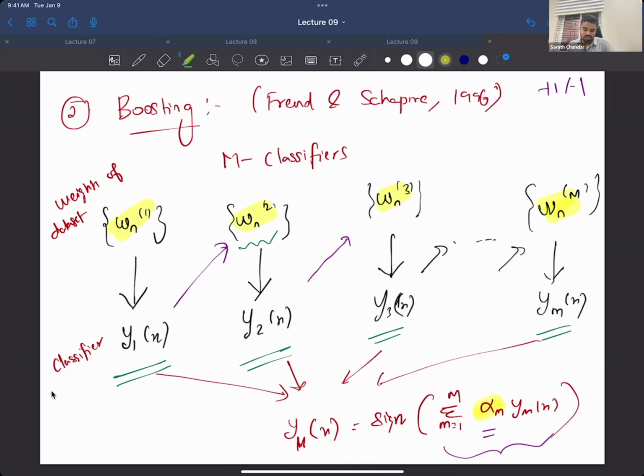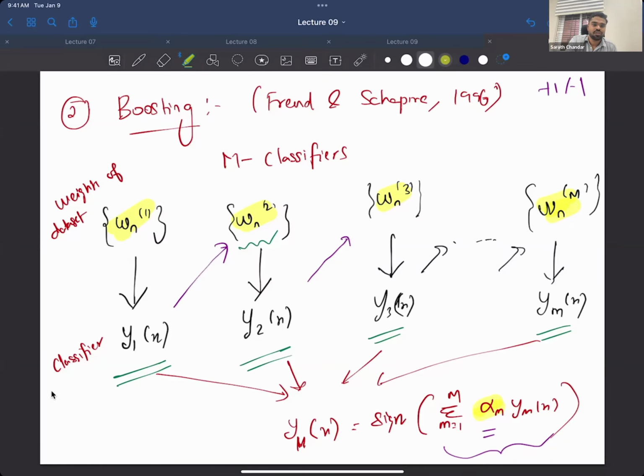Before we look into these two details, one thing to remember is this is a sequential process. And the most important part here is each classifier is learning on the mistakes of the previous classifier, right? Which means there is actually a significant chance of overfitting.